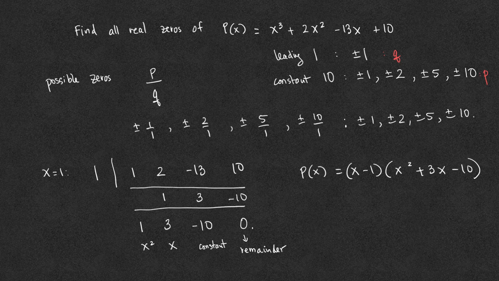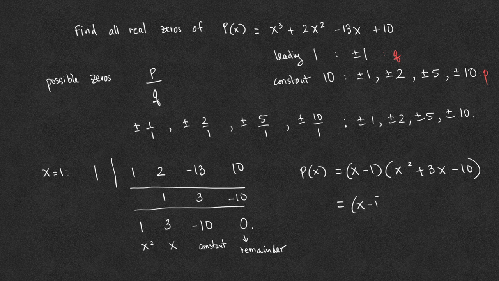Now, we're not done yet. We still have to go further by factoring x squared plus 3x minus 10. But at least we reduced it to a trinomial, so perhaps we can perform guess and check to factor it.